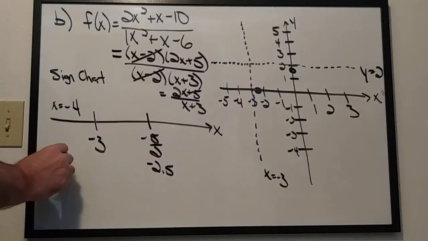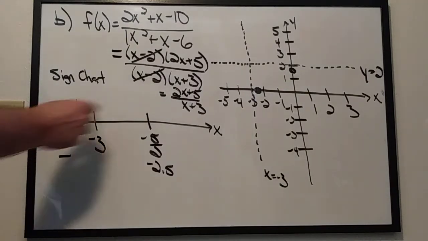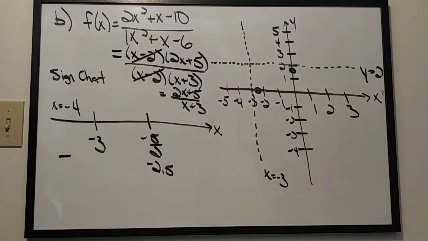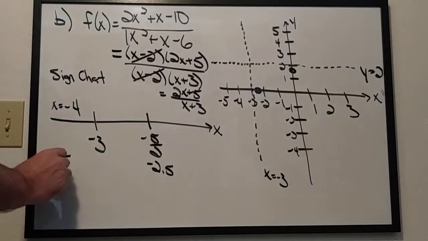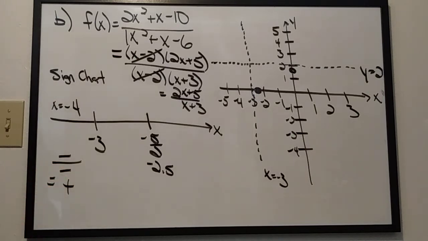That means I'm going to have a negative numerator. And then negative 4 plus 3, that's going to be a negative denominator. A negative divided by a negative is a positive. So that tells me that to the left of negative 3, we have a positive function, which means that our graph is going to be above the x-axis.